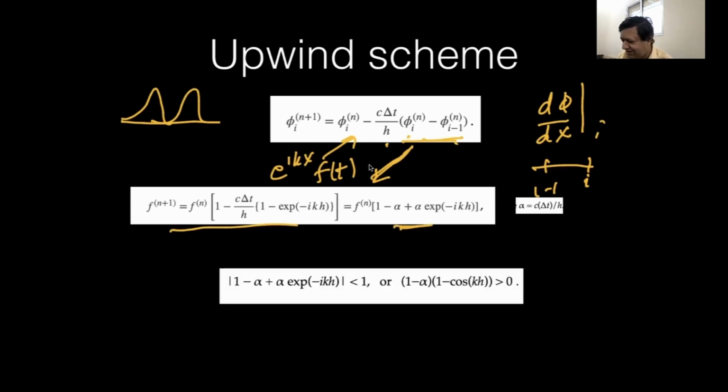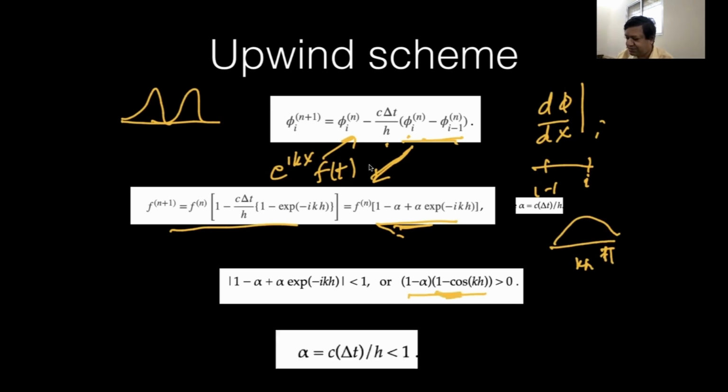You find that the factor is less than 1 when this condition holds: 1 minus alpha, 1 minus cos kh. The worst case is when kh is pi, as I had shown you in the curve. Then cos kh is minus 1, so this becomes 2.